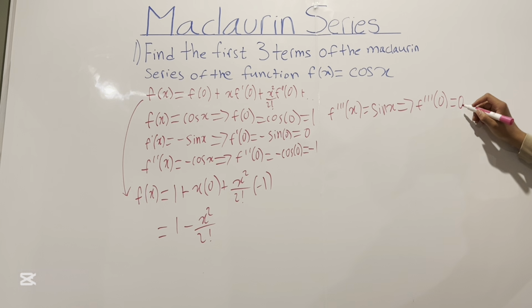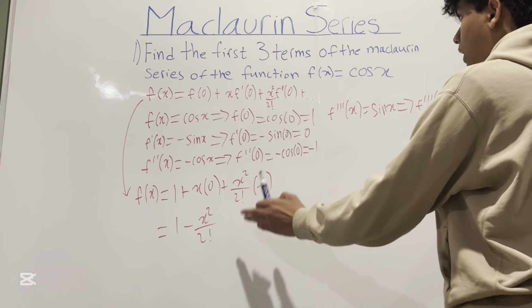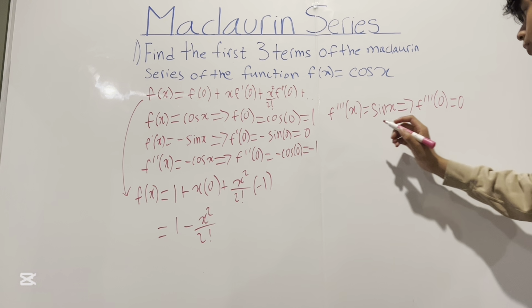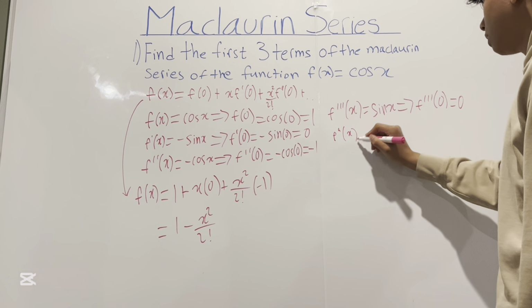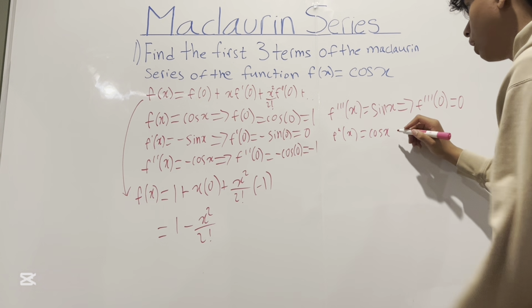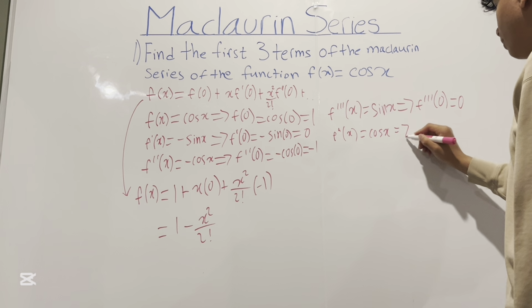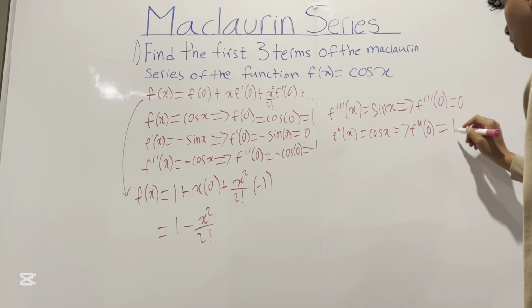But what we see here is that we get 0 again, and that's not going to give us another term. So once again, we have to find the next derivative. So f fourth derivative of x is equal to cosine x, which is the exact same as f of x. So f fourth derivative of 0 is equal to 1.